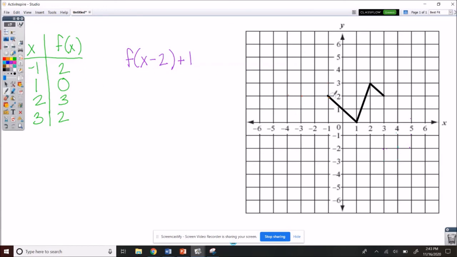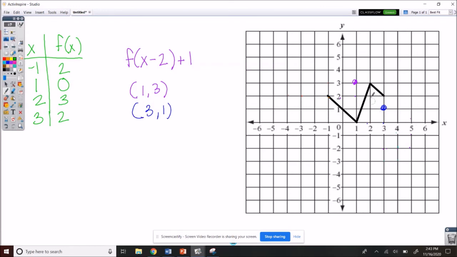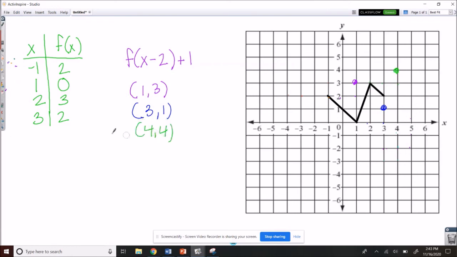So add 2 to the x, right 2, up 1. So we now have the point (1, 3). The second point was at (1, 0). So I'm moving 2 to the right, up 1. So that is (3, 1). I'm moving my (2, 3) 2 to the right, up 1. Now that's at the point (4, 4). And last, I have my point (3, 2). And I'm moving that 2 to the right, up 1.